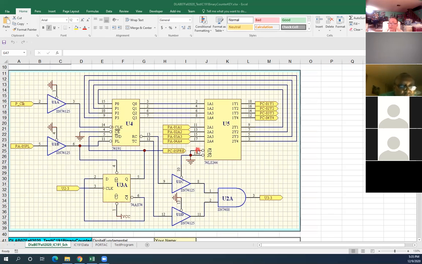If pin 1 is 0, then output 18 here and the input pin number 2 will be the same. Okay, pin number 2 is 0, output 18 is 0. Pin number 2 is 1, output 18 is 1. Nothing else.